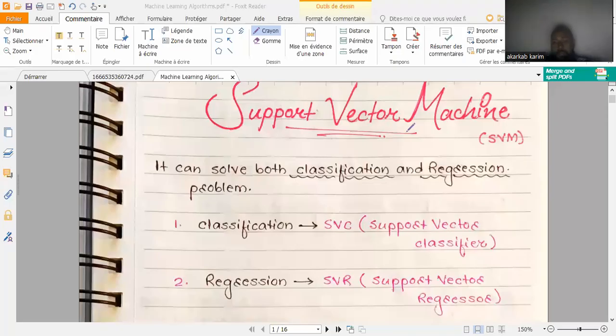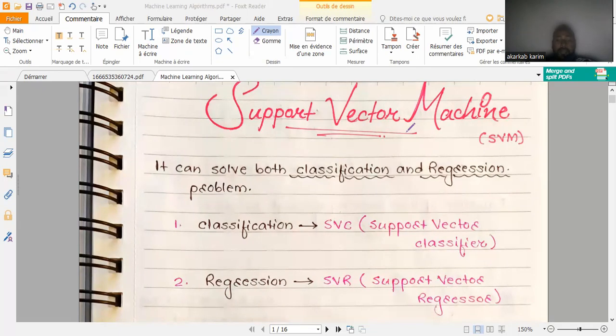Today in this session, I will discuss with you one of the famous algorithms that we have in machine learning. This algorithm can help us solve some kinds of problems, classification and regression problems.